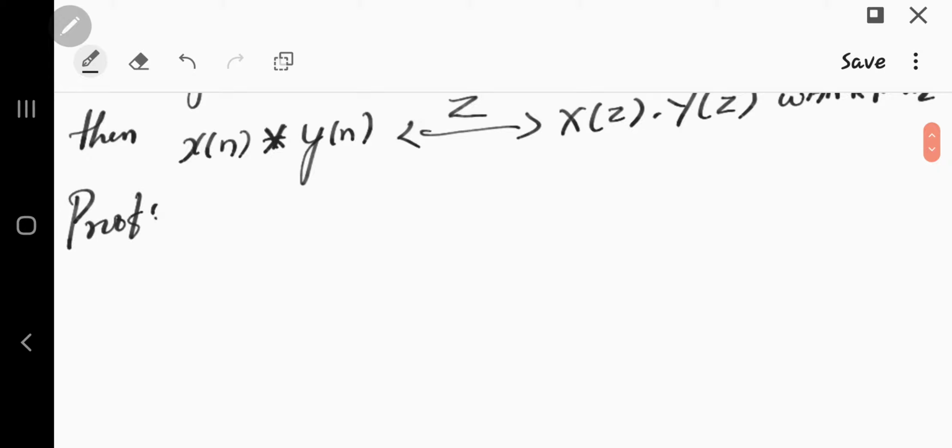So this is the statement. So convolution in time domain is equal to multiplication in frequency domain.